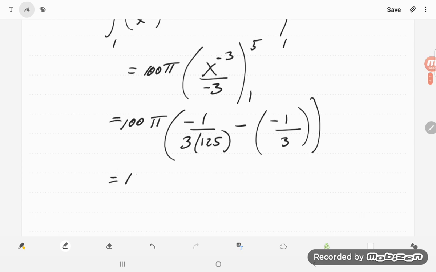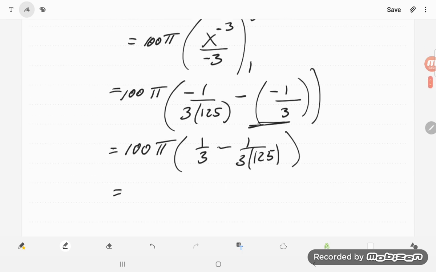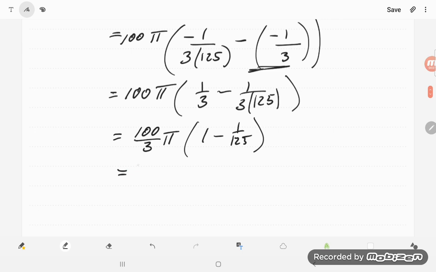And so this is 100 pi times positive 1/3 minus 1 over 3 times 125. So I can factor the 3 out of the bottom just to make my life a little easier. I've got 100 over 3 pi, and what I have left is 1 minus 1 over 125. So that's just 124 over 125.